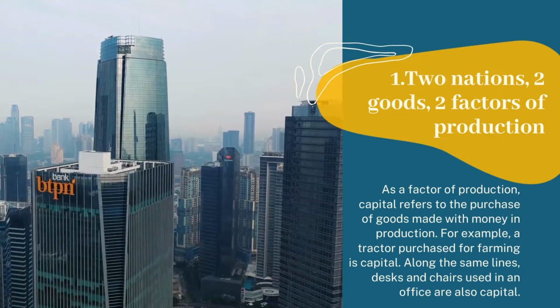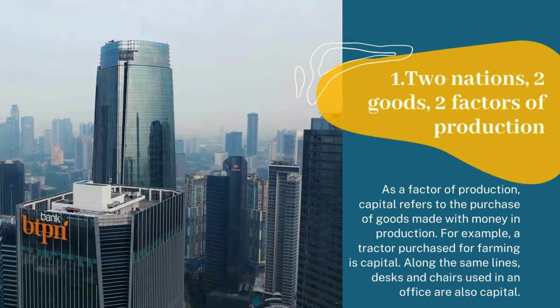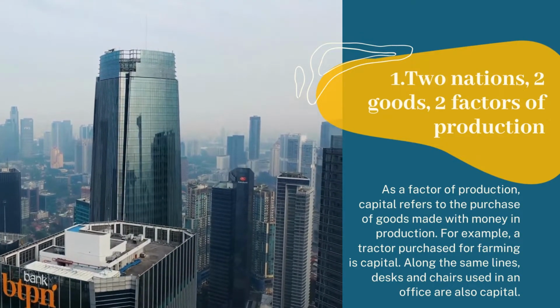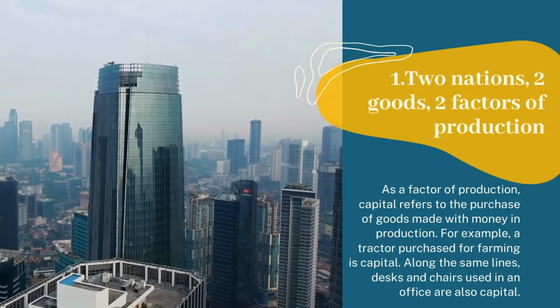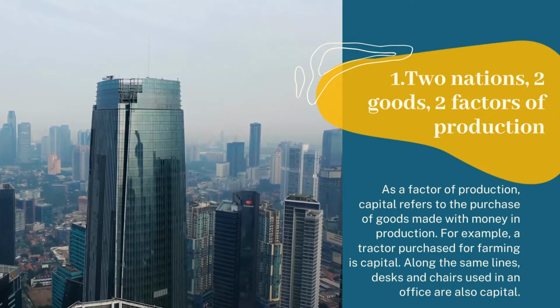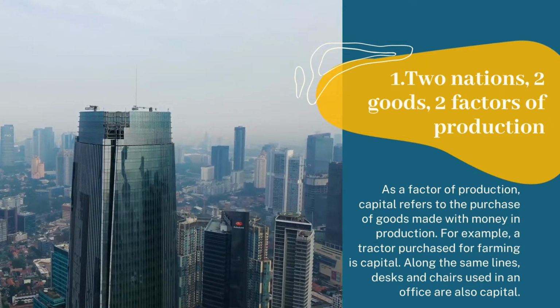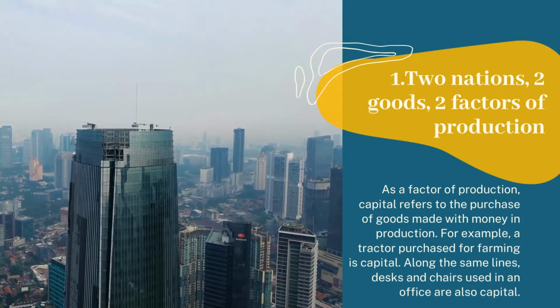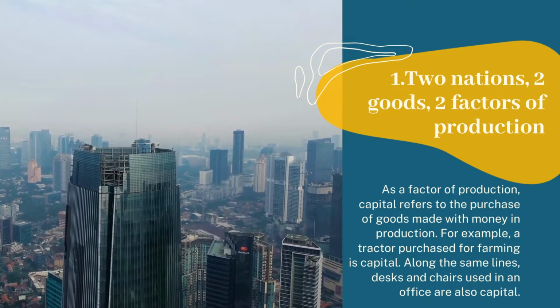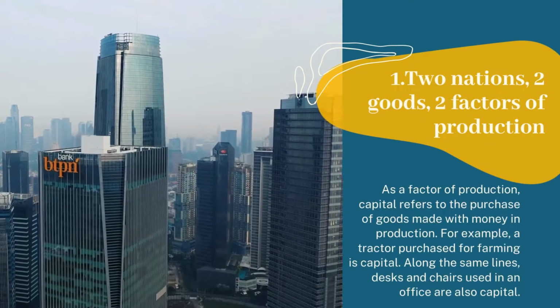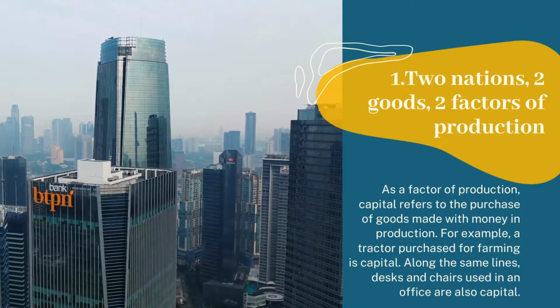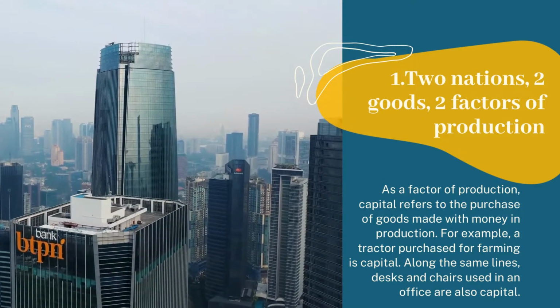So we move to the first assumption: two nations, two goods, two factors of production. As a factor of production, capital refers to goods purchased with money for production. For example, a tractor purchased for farming is capital, along with the same line, desk and chair used at the office.